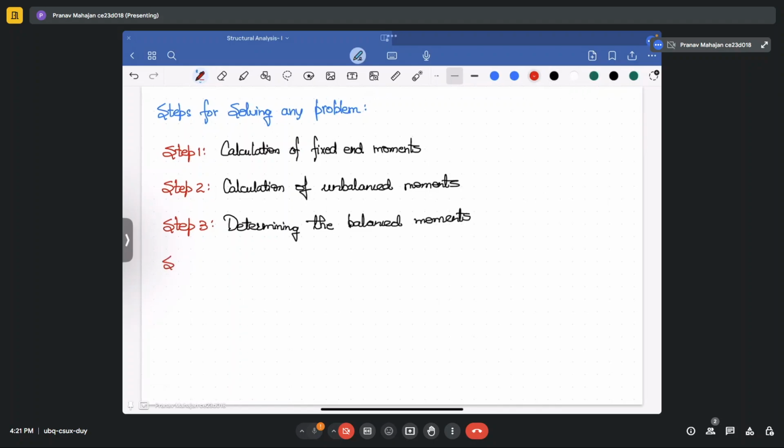Step 4 will consist of distribution of this balance moment. The distribution of the balance moment depends upon the distribution factors that are there on the two sides of the joint, based on distribution factor.